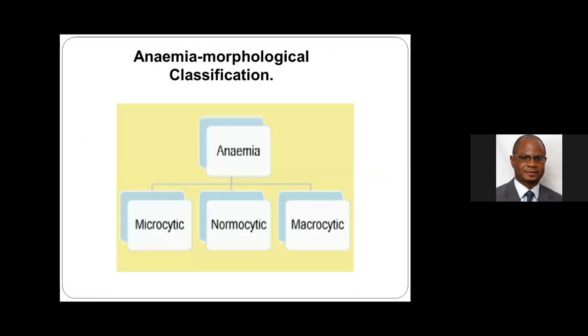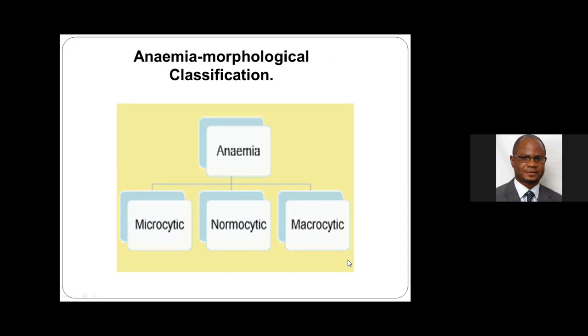Okay, so to classify anemia morphologically, you will have it as microcytic, that is smaller cells type of anemia. So the cells are microcytes or tiny. Normocytic, the cells are normal, but there is still anemia. And macrocytic, the cells are larger than normal, but there is still anemia. So we have microcytic anemia, normocytic anemia, macrocytic anemia.